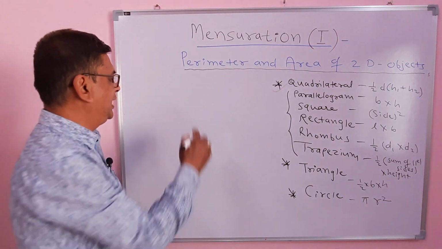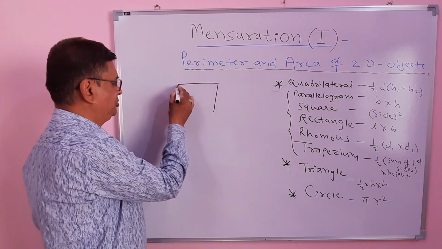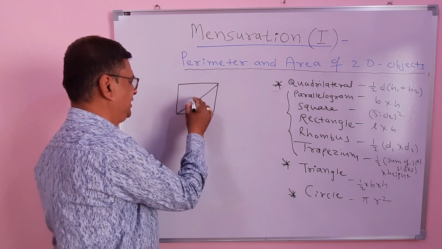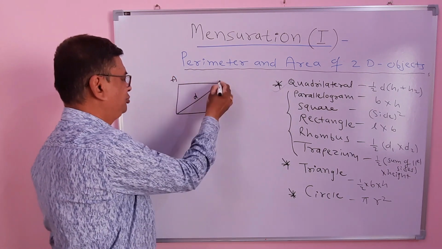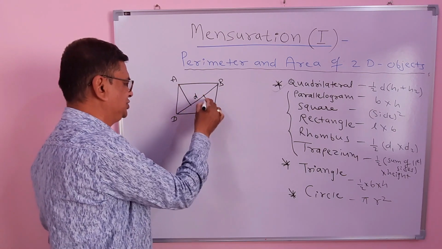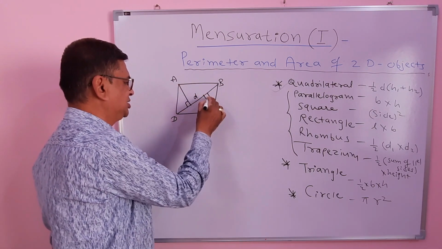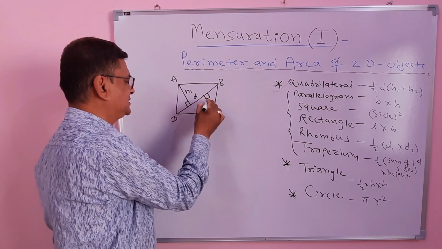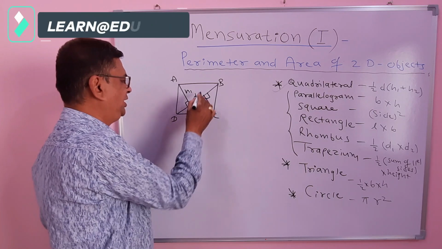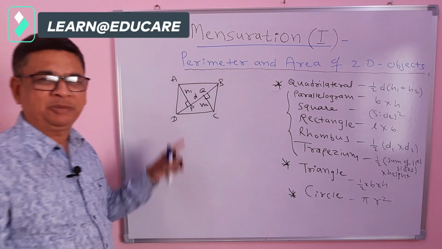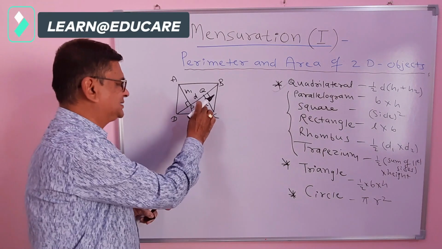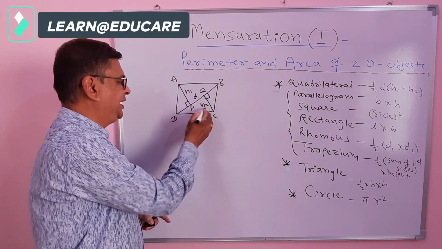For any quadrilateral, suppose one of the diagonals is known, with length d, and from the opposite vertices A and C you draw two perpendiculars, AP and CQ, to the diagonal, with lengths h1 and h2 as shown in the figure.